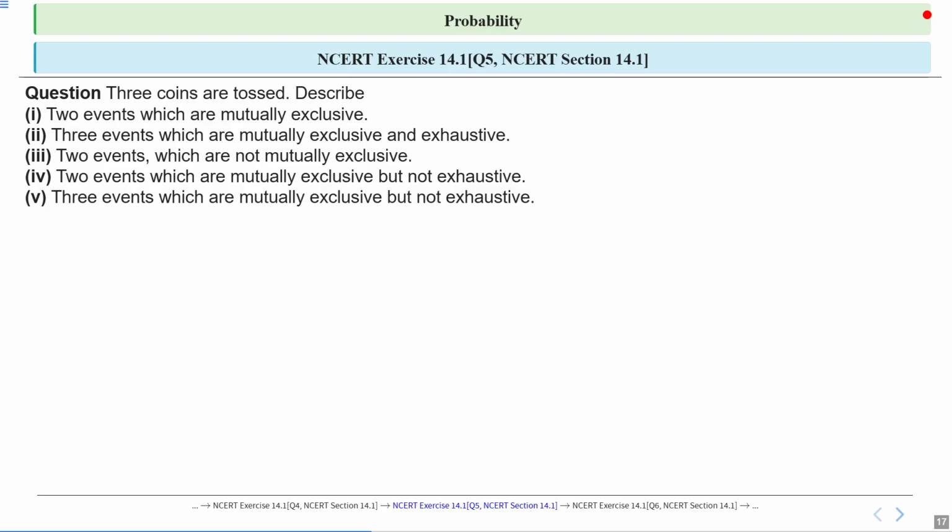I hope you all know the definition of exhaustive events. So try it yourself first. You have 40 seconds to try to solve this question, and then we will discuss the solution.